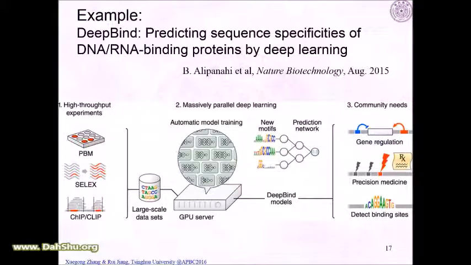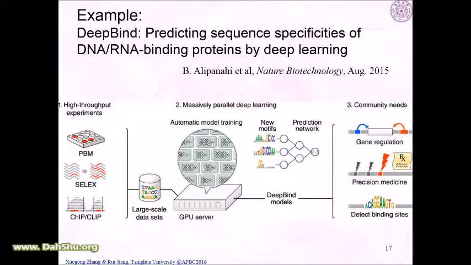They built a deep learning neural network based on the protein binding data from ChIP-seq and other experiments. They collected a huge number of sequences that are experimentally verified as protein binding or TF binding or some other sequences.